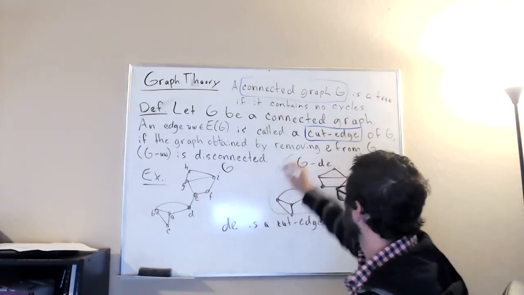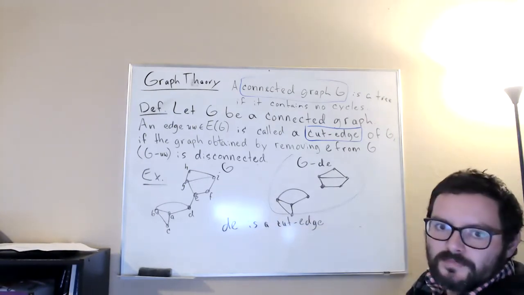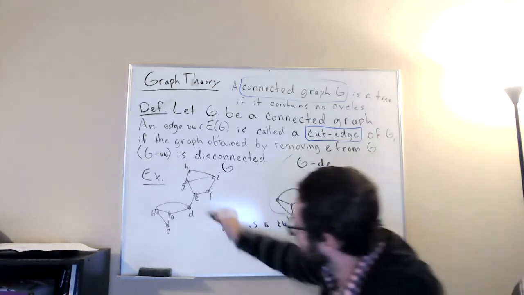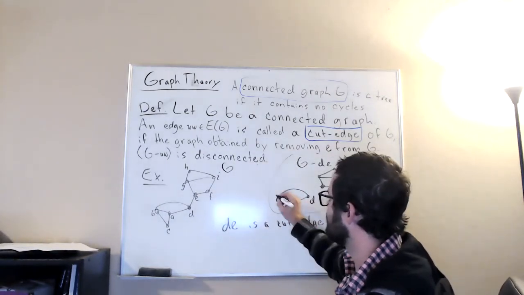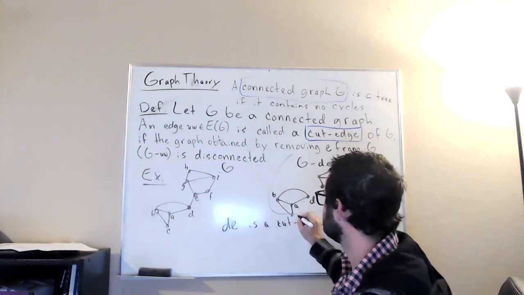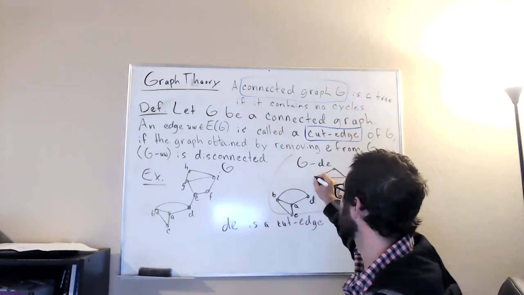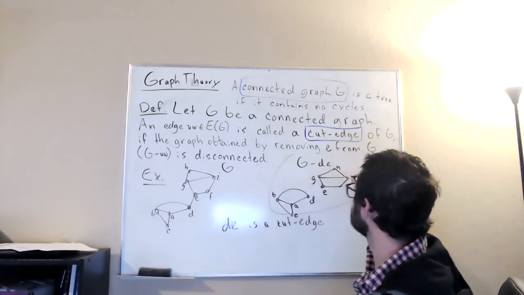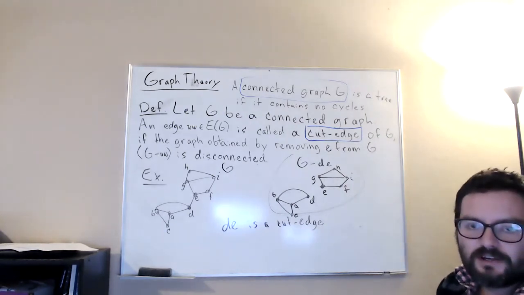This is G minus DE, and that's G. You see that? If you just remove that edge, you now have two different pieces of the graph. E, H, I. So that would be a cut edge.